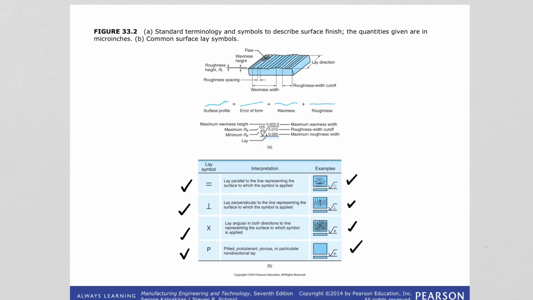So you can read the description. So in this one lay is parallel to the line representing the surface to which the symbol is applied, and the upside down T is lay perpendicular to the line representing the surface to which the symbol is applied, etc.